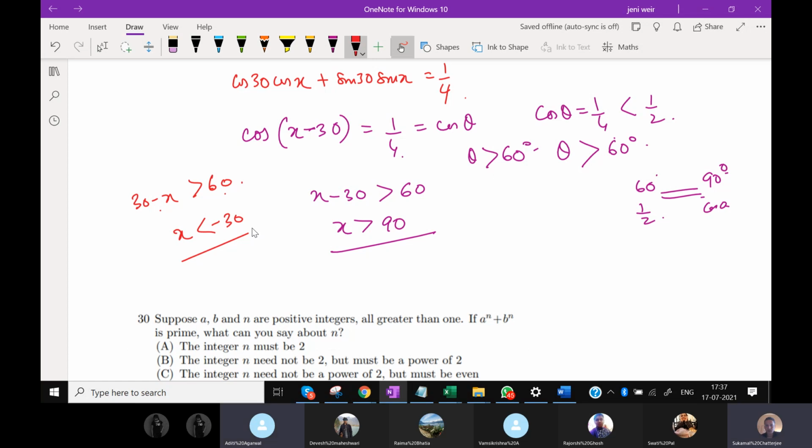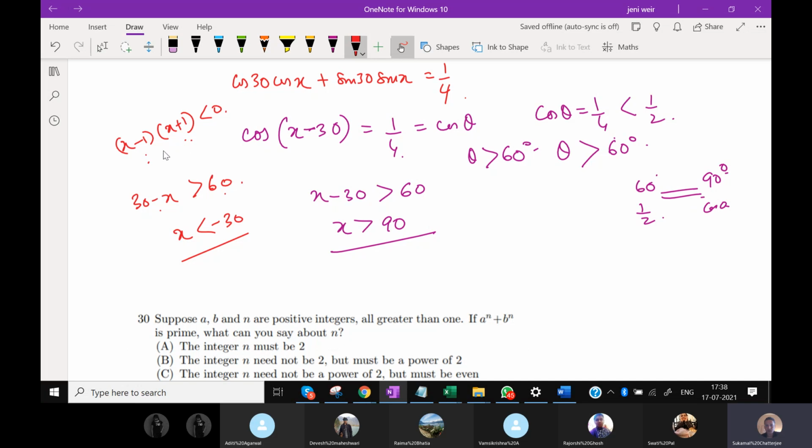Okay, see, if you compare this when you're solving a quadratic inequality, suppose you have (x minus 1) into (x plus 1) is less than 0. How do you solve this? One has to be positive, one has to be negative.